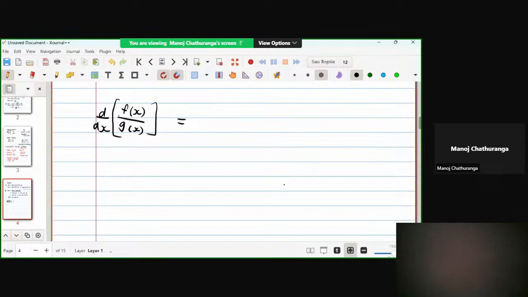Take g, keep it, differentiate the numerator, minus, now do it the other way, everything divided by g of x squared.